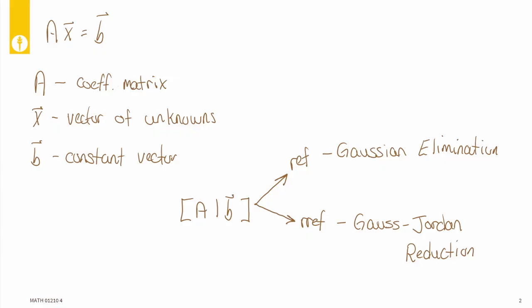I will wind up using both methods for the first problem, and then just stick with Gauss-Jordan.